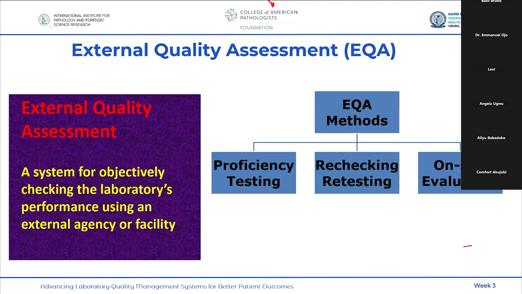You can either use the same method or use a higher method. And then on-site evaluation will mean the use of checklists by external people visiting your lab and looking at some questions on the checklist to know your level of compliance.